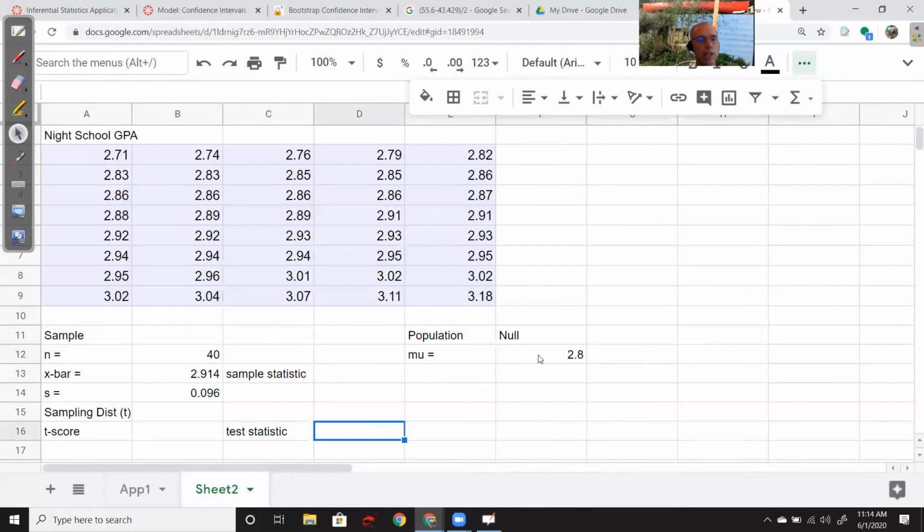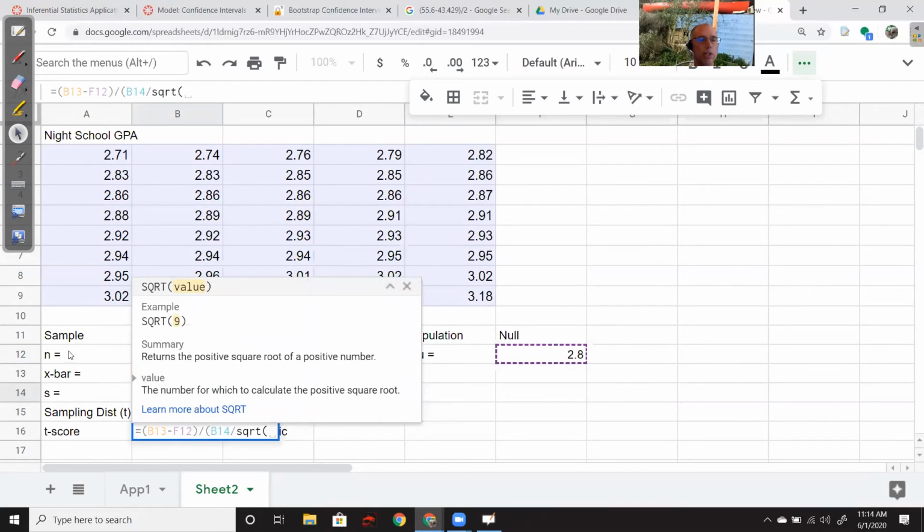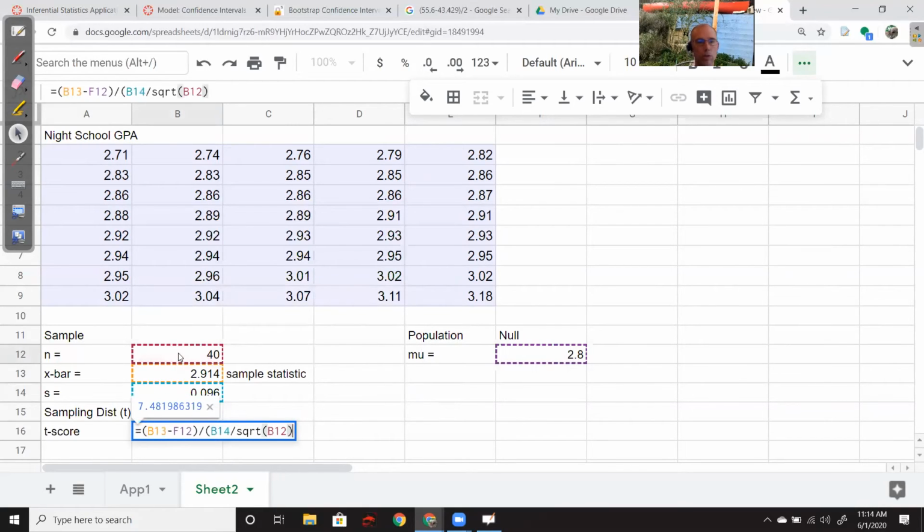Okay, so let's calculate that test statistic. So I said use parentheses when you do this. So parentheses, take the sample mean minus the population mean, divide by another parentheses to get the standard error. And so that's going to be S over the square root of the sample size. Close the square root, close the denominator.